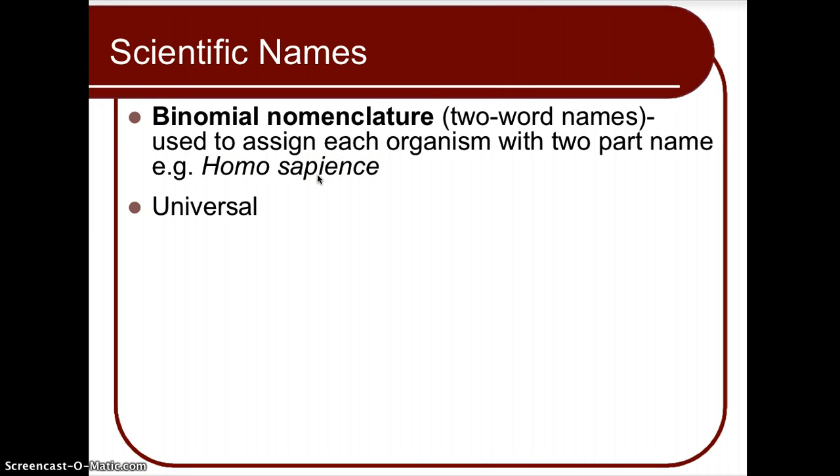Now, a scientific name in general is universal. So why on earth would biologists want to assign each organism a scientific name that is universally accepted? Well, think about the things that you call, like a tree, you might call it a red maple tree, or better yet, think of us as humans.